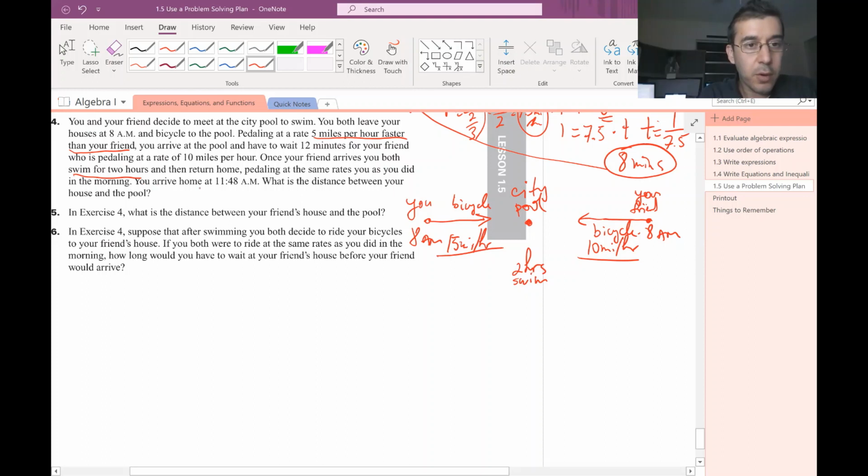You arrive home at 11:48 a.m. What is the distance between your house and the pool? So your house and the pool, this distance x equals question mark. That's what we have to find.